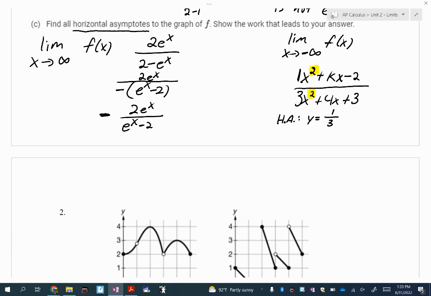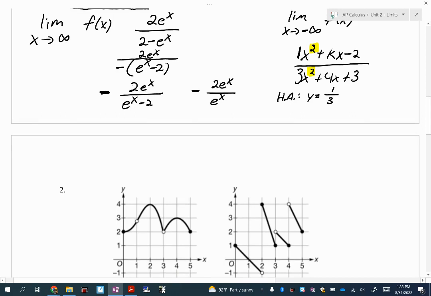Technically it changes it, but the change is so small it's almost as if it doesn't matter. So what I want your brain to think is that really this is just the opposite of 2e to the x over e to the x. And so these are just going to cross out, the e to the x, and it leaves you with that negative 2.